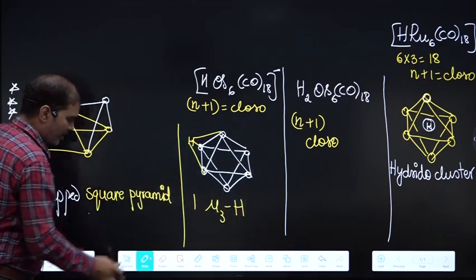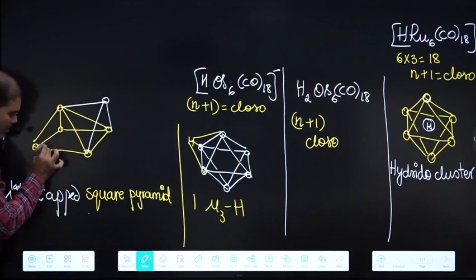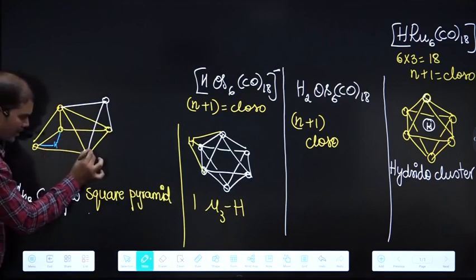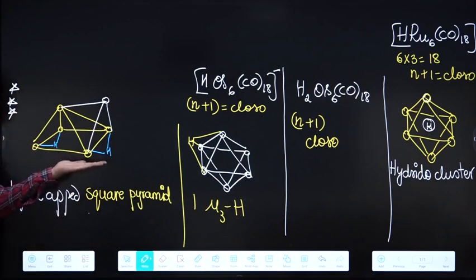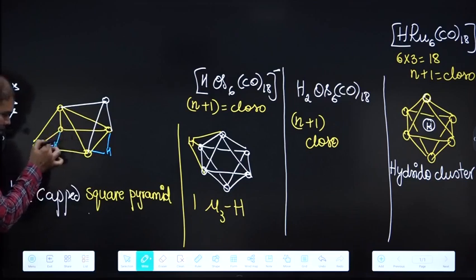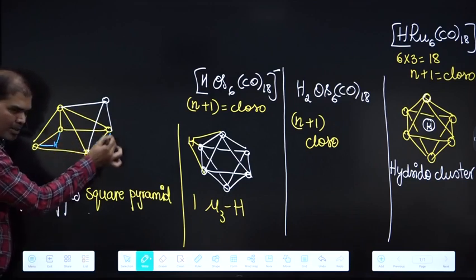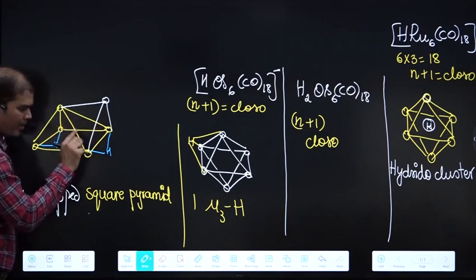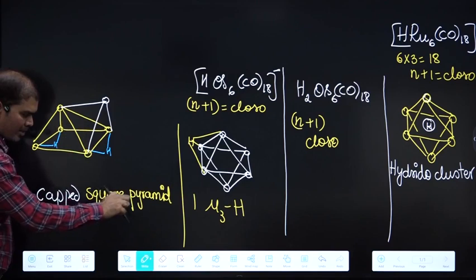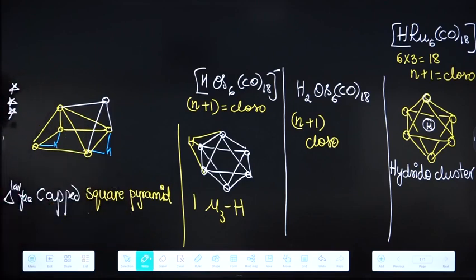Second point to be noted, the two hydrogens, they are present as edge bridging. So if this is the base of a square pyramid, you can say this is one doubly bridging hydrogen, this is another doubly bridging hydrogen. So there are two doubly bridging hydrogens, and it is a face capped square pyramid, which is a triangular face capped square pyramid.